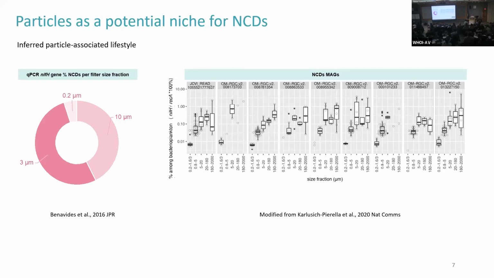If you go to find these nifH genes, quantifying them through qPCR for instance, you always find them in large size fractions, such as 3 microns, 10 microns. You very rarely find them in the 0.2 fraction. Same with the Tara Oceans data set on the right-hand side, which had nifH on them. Everything is above 5 microns, but you barely find them in the dissolved fraction.